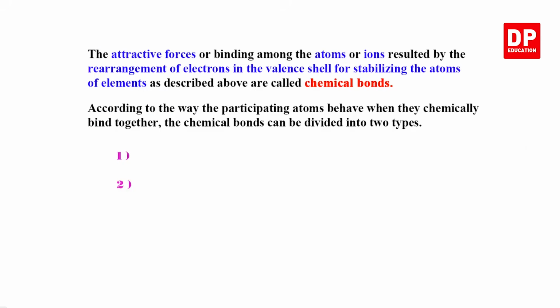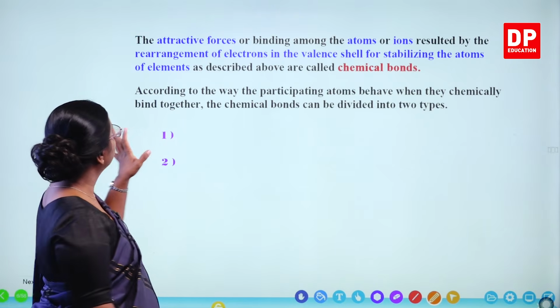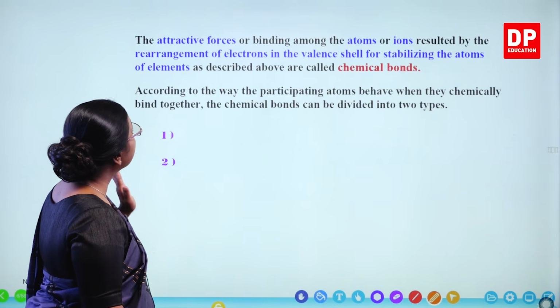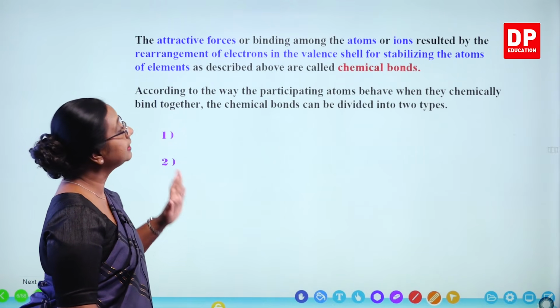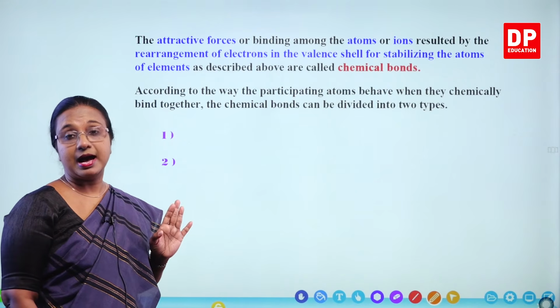The attractive forces or binding among the atoms or ions resulting from the rearrangement of electrons in the valence shell for stabilizing the atoms of elements as described above are called chemical bonds. So here there needs to be an attractive force or a binding among the atoms or ions.